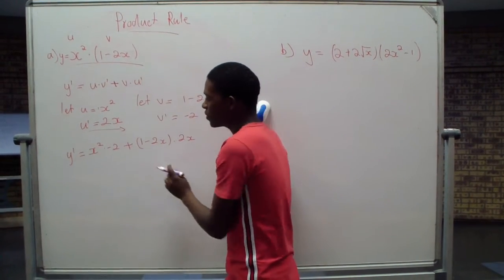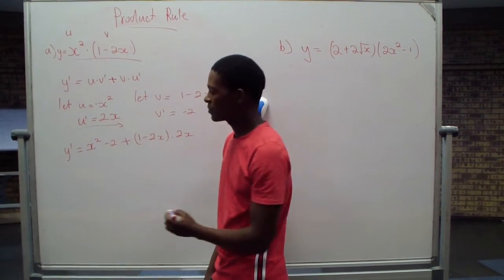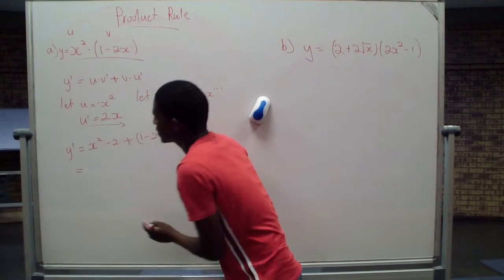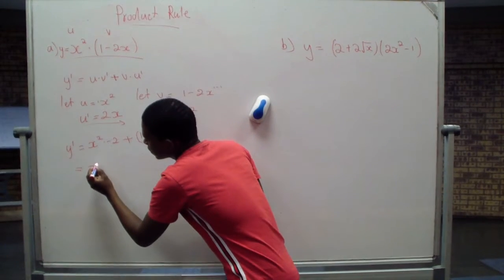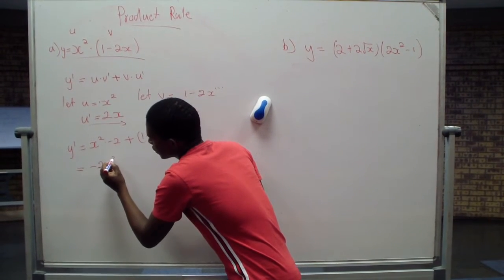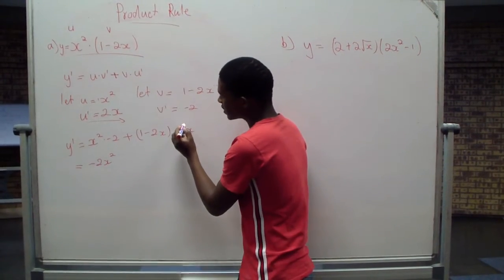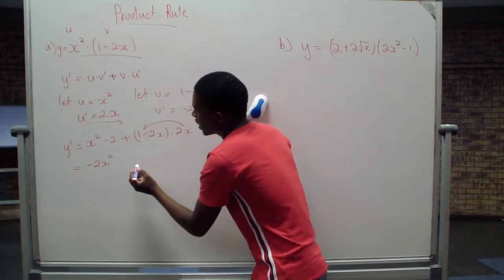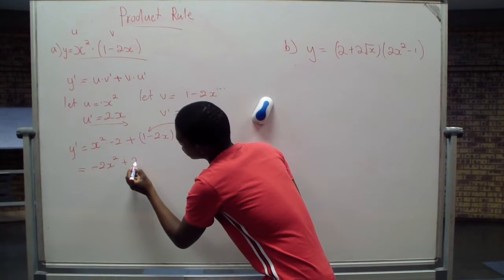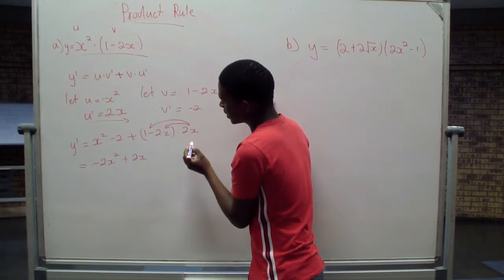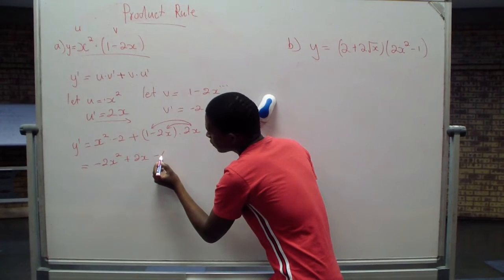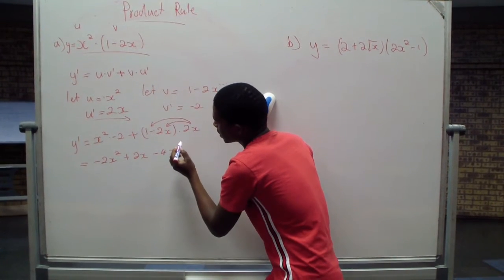What I have to do is to simplify. So to simplify this, I'll say this multiplied by this, I'll have a negative 2x squared. Then this multiplied by this, I will have plus 2x. Then this, when I multiply by this, I will have a negative 4x squared.